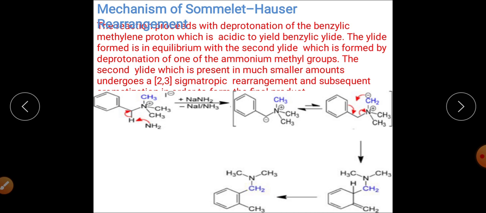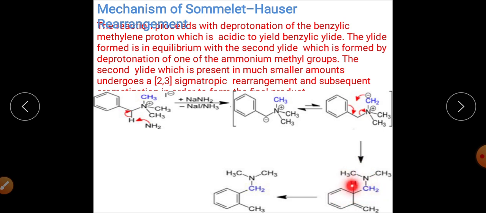So this is forming C double bond CH2, and there is a new attachment between this carbon, the carbon which is in blue color, and this carbon, that is the ortho with respect to this particular position, and this is the nitrogen which is bearing 2 methyl groups. Finally, aromaticity is being lost in the duration of this reaction.